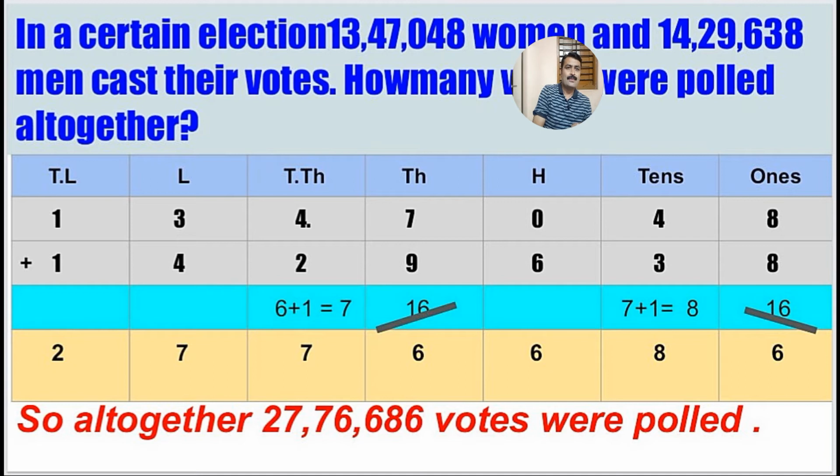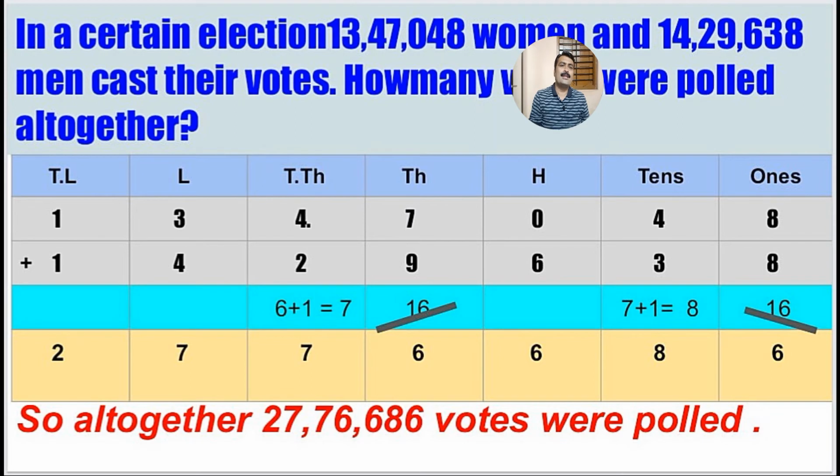After that we start addition from the ones place. Look at the ones place here: 8 plus 8, 16 we get. For that 16 we write here 6 and 1 is taken as carry into the next addition. Look at the next addition, 4 plus 3, that we get 7, and to that 7 we add 1, so 7 plus 1 we got 8, so 8 we write into the main answer.